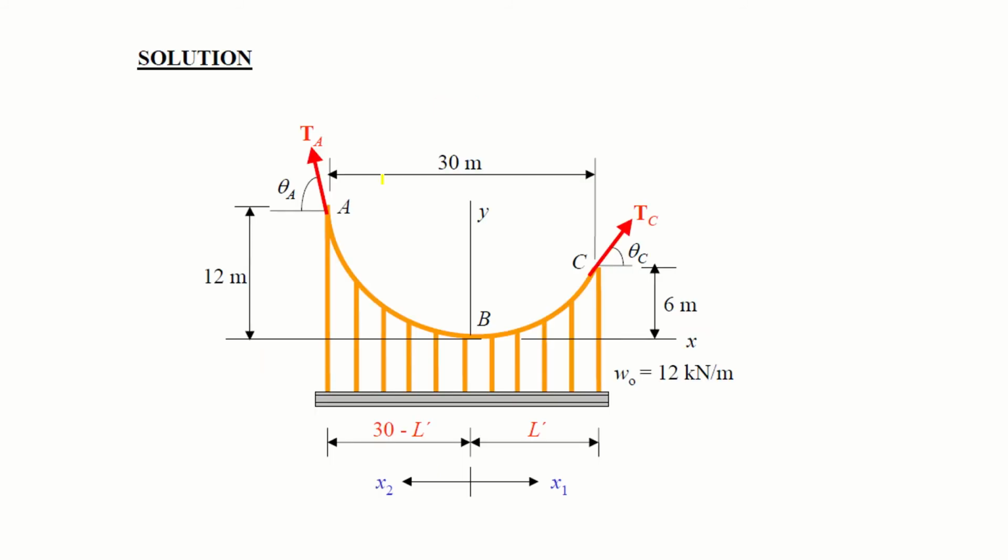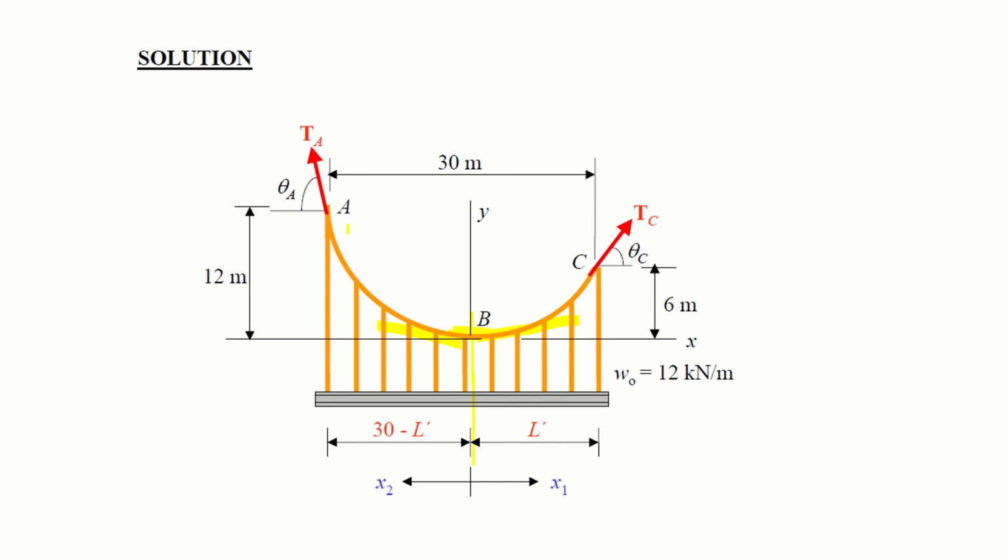Okay, this is your free body diagram. See, this is your tension at A, this is your tension at C, and somewhere here there will be tension at B, right? Now this is the lowest point of the cable, so you have taken this as a datum. Point C is 6 meter above it, and point A is 12 meter above it. Similarly, from this point B, you have divided the cable into two sections, one to the right and the other to the left.